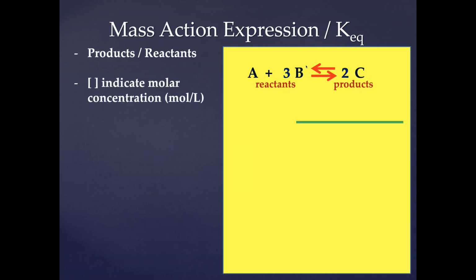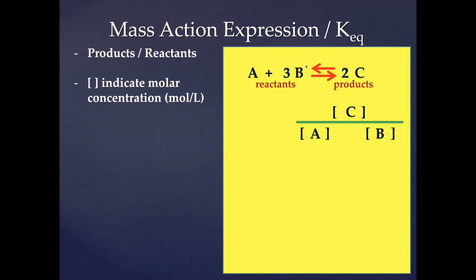We're going to put these into brackets to represent molar concentration. So what is the concentration in moles of substance per liter? And we can use this for solutions or we could use this for gases. So we're going to place C on top because it's a product. We're going to put A and B on the bottom because they're reactants.